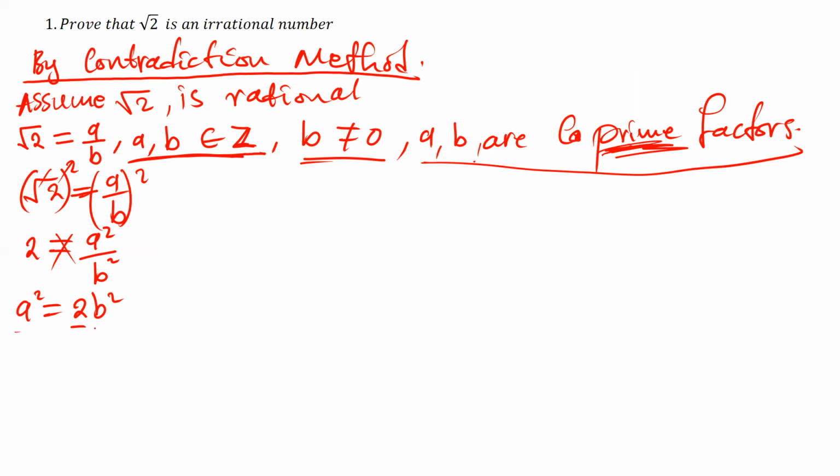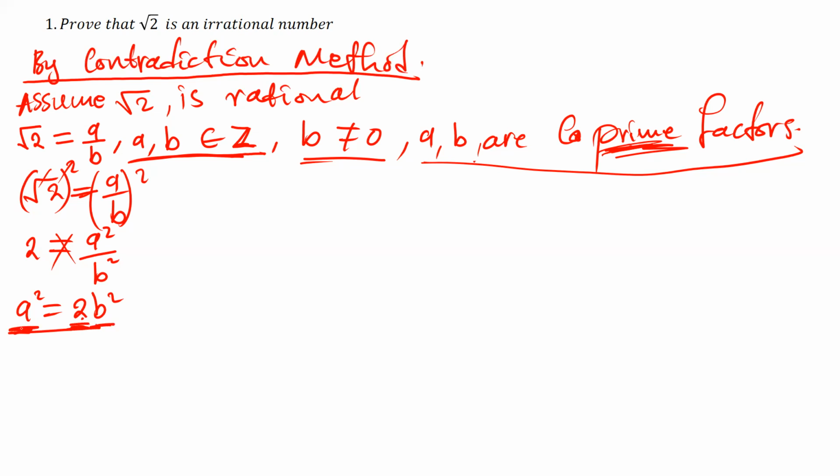If we multiply 2 times b squared, we are getting a squared. Don't you think that 2 can go into a squared? Because we know 2 times b squared, the answer is a squared.